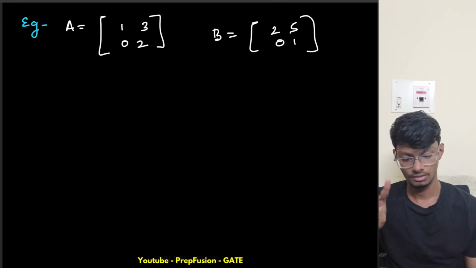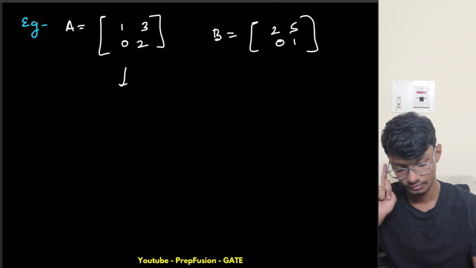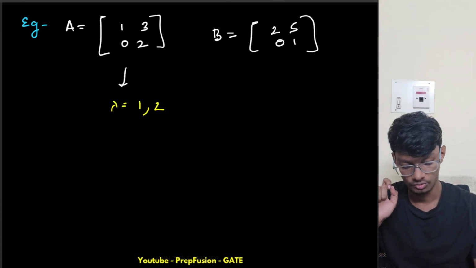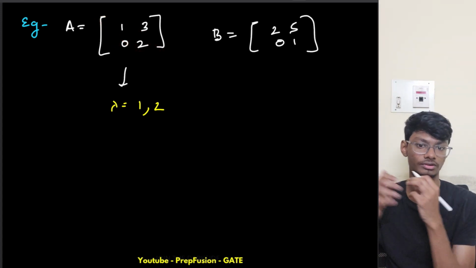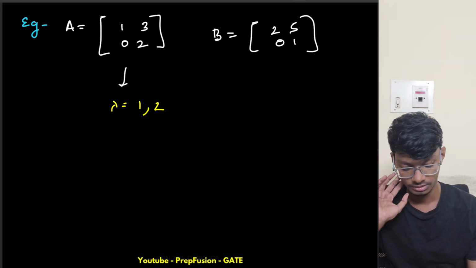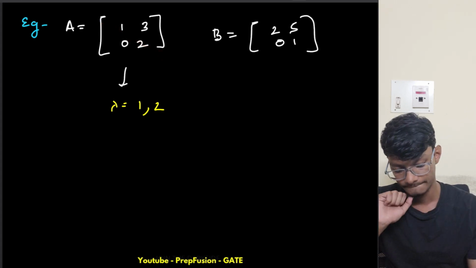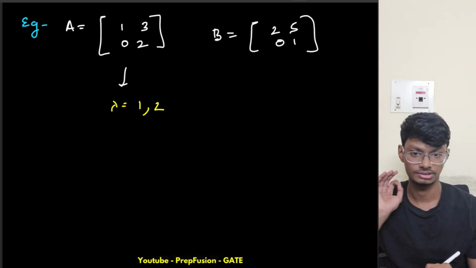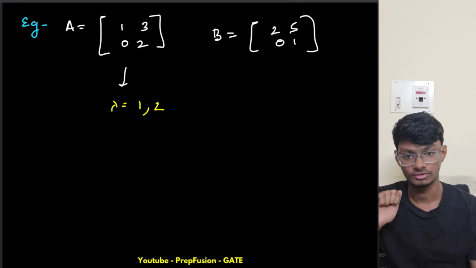What are the eigenvalues of A? They are 1 and 2, as this is a simple triangular matrix and I can simply take the diagonal elements. You can verify it: the sum of these two is 3, which equals the trace, and the determinant equals the product.